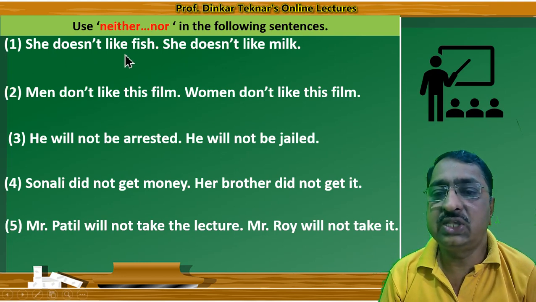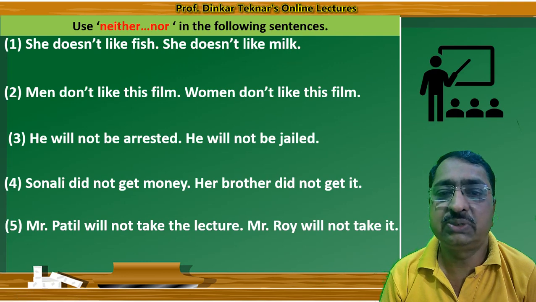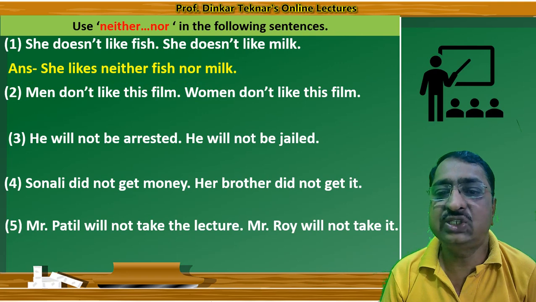In the first sentence, fish and milk are two objects, but they are negative objects. So the answer will be she likes neither fish nor milk. Here in the given sentence doesn't is used, but as we are using neither, doesn't will be removed and like becomes likes because we have removed does.